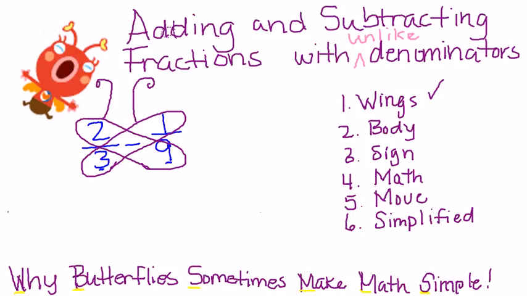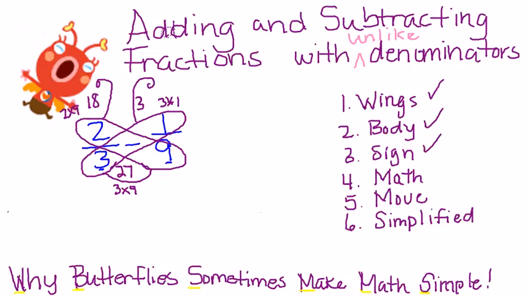Alright, so we know that we're going to do 2 times 9 on this side. What's that? 18, good. On this side we're going to do 3 times 1, which is 3. This is a times sign. Okay, now we're going to go on to the body. Make a little body. And this is going to be the denominators multiplied together, which is 27. Okay, did that.